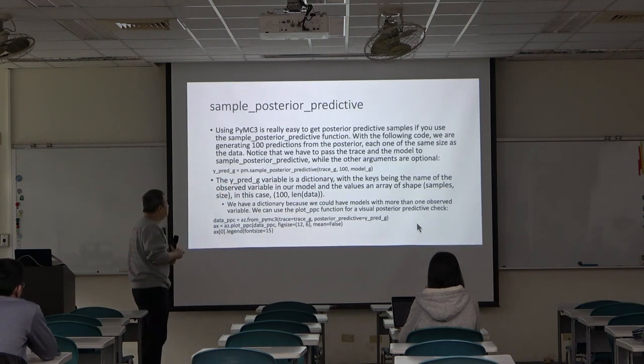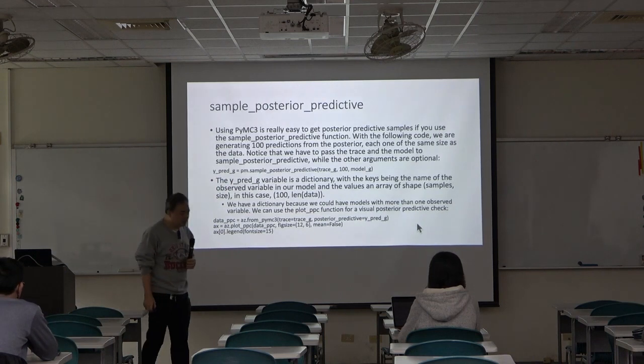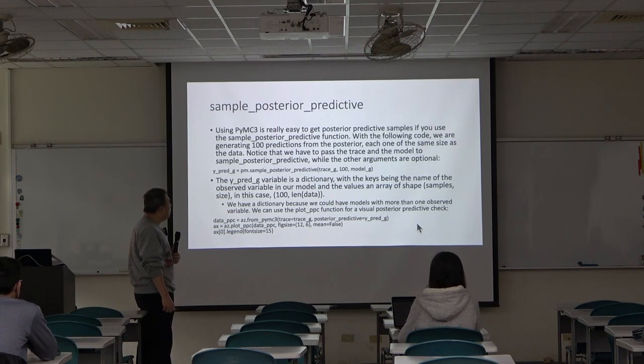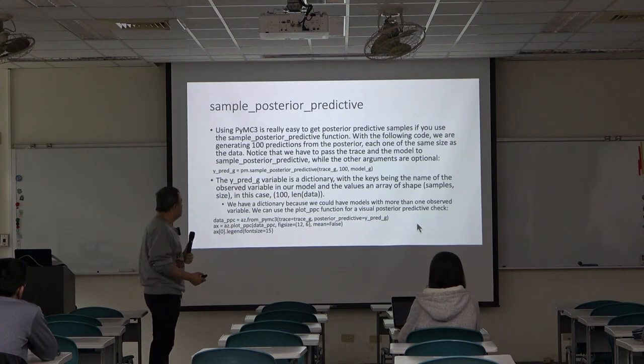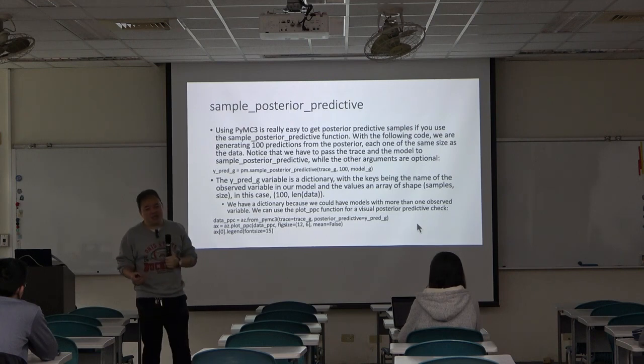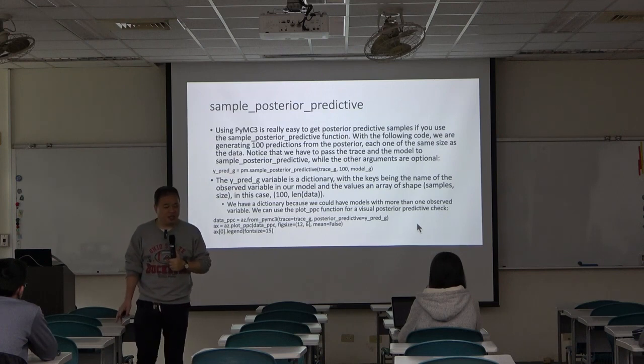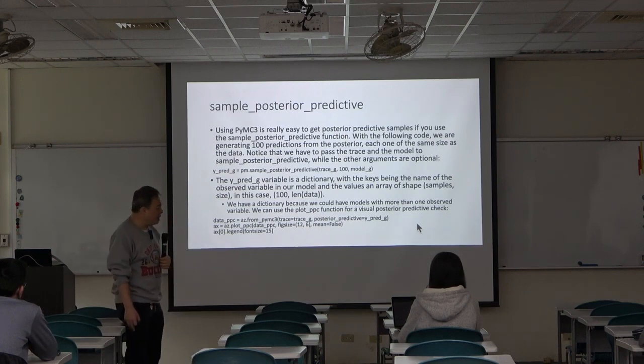This y pred g is a dictionary. Why is it a dictionary? Because for a model, we could have more than one observed variable. So far, in the examples that we have, we have only one value.